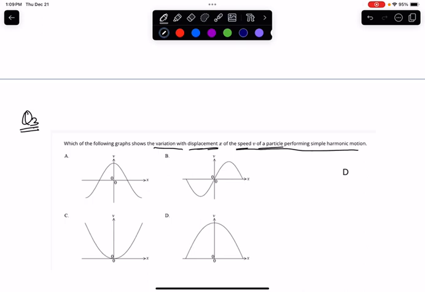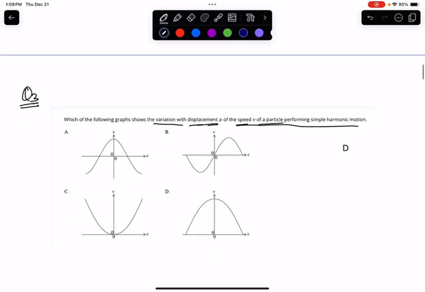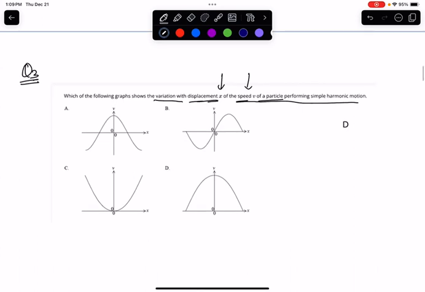So in this case, what we want to find is how the displacement is changing with the velocity.